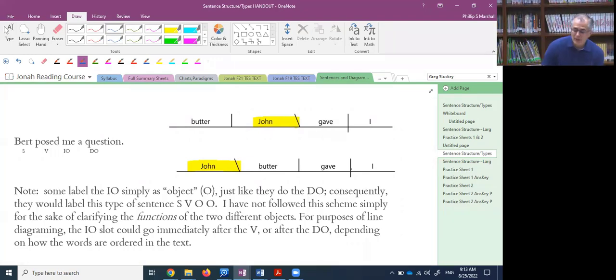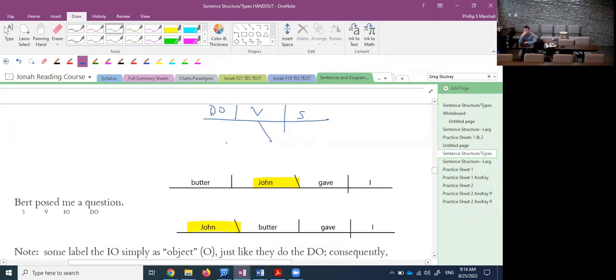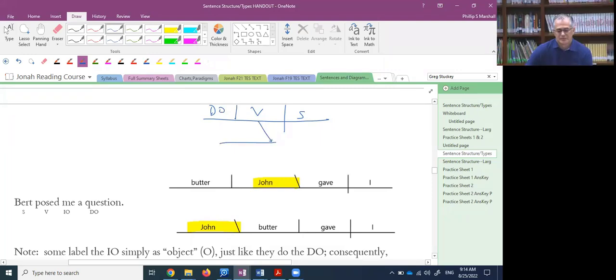No, I'm just kidding. But it raises a good question, because I did ask you to read GRASMIC, but also to understand that there's some tweaking of GRASMIC. But the basics, GRASMIC's explanations of why we diagram and more or less how, are very good foundations, right? So you will find some folks that do the indirect object this way: subject, verb, direct object, and the indirect object is down here.